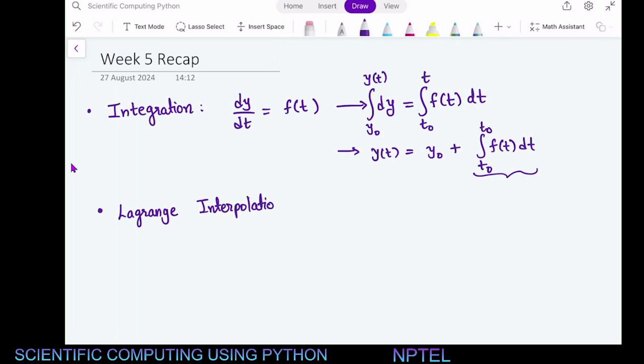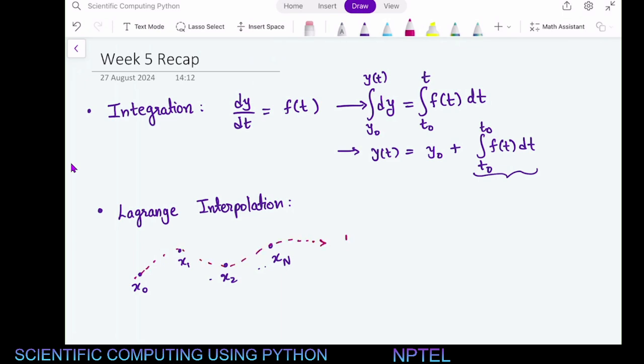Just to quickly revise, you have some points x0, x1, x2, all the way up to xn. And what was the formula for estimating or interpolating the function?